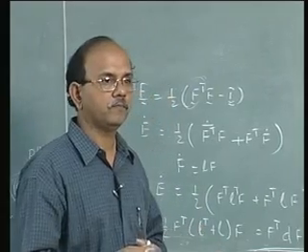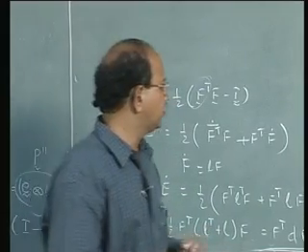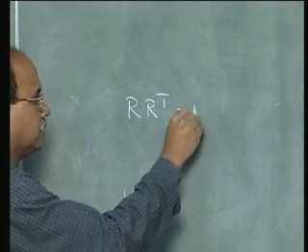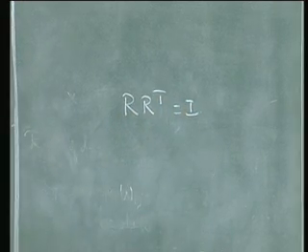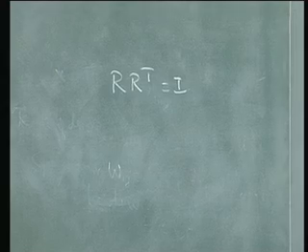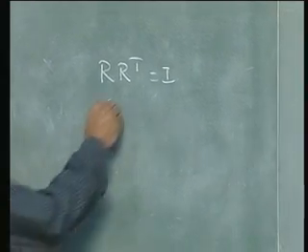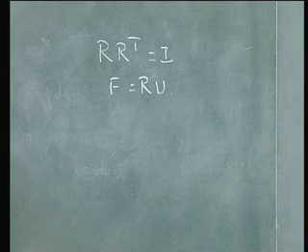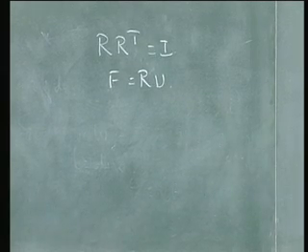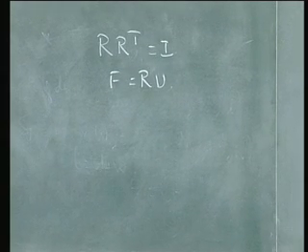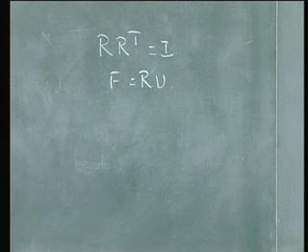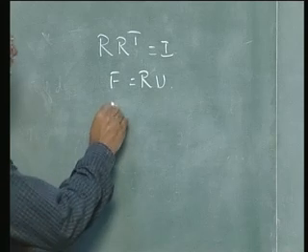Okay, so I'll give you two clues. You start that R transpose R is equal to I, and that F is equal to R U. That's the first step. Then substitute in L and the next relationship.